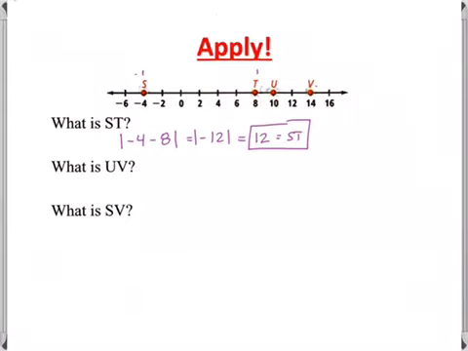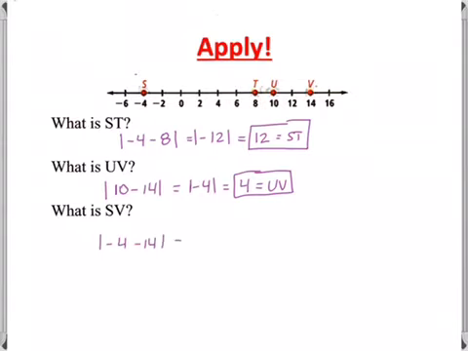So the length of UV in this case, we're going from U to V, so we're taking the absolute value of 10 minus 14, which in this case is the absolute value of -4, which in this case is just 4. So UV has a length of 4. And then SV, we're going from S to V, so that's -4 minus 14. So the absolute value of that would be the absolute value of -18, which in this case is just 18. So SV is 18.